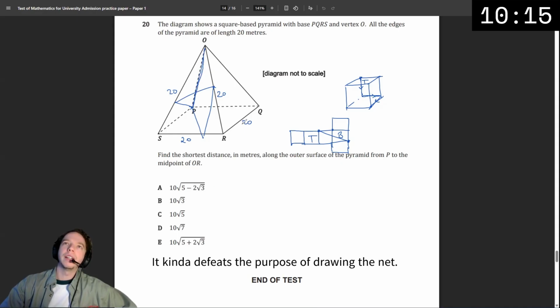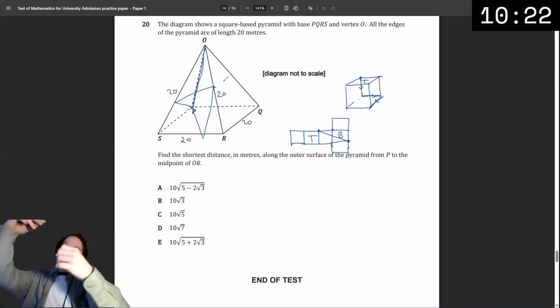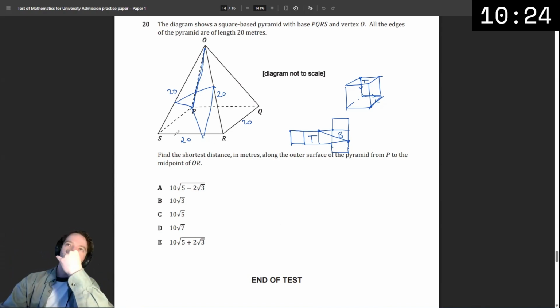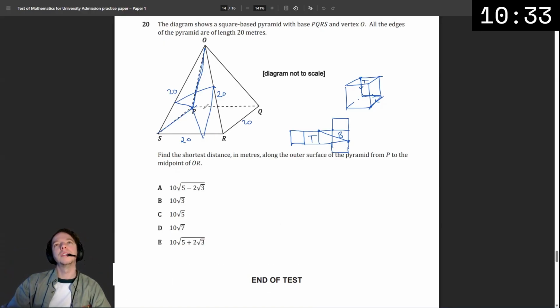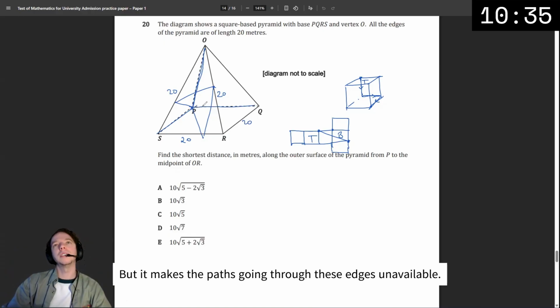Why would we cut along there? Seems to be counterproductive. So what's it going to look like? Imagine cutting there and maybe somewhere else. I guess we can cut here as well. We'll need to make some cuts. Yeah, even cut here, right? I'm probably not going to go through here.